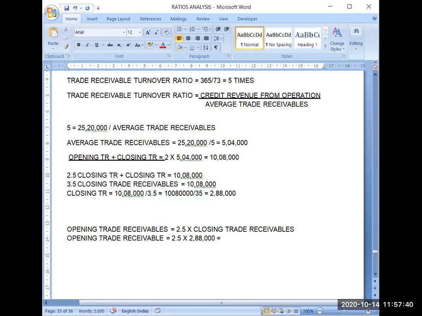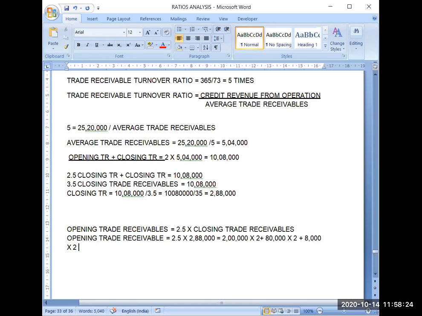So 2 lakh multiplied by 2 will be 4 lakh, and 88,000. You can break it in parts: 2 lakh multiplied by 2 plus 80,000 multiplied by 2 plus 8,000 multiplied by 2. So till now you have multiplied 2,88,000 by 2.